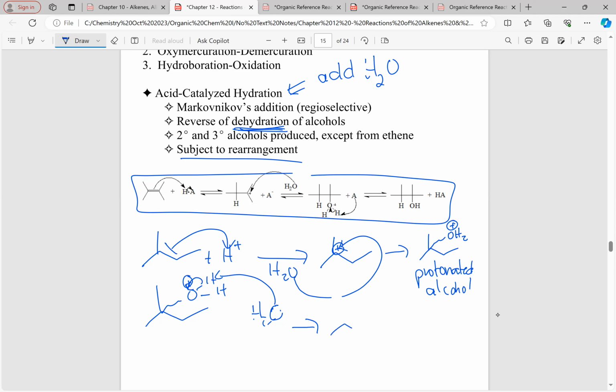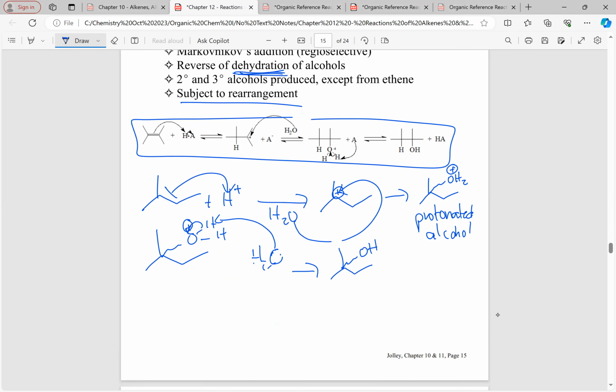And you now have an alcohol. All right, so hydration literally is just an addition reaction that uses water as the second nucleophile. Now, can you do the same thing to an alkyne? Yes, you can, but I'll show you hydration for alkynes in a few minutes.